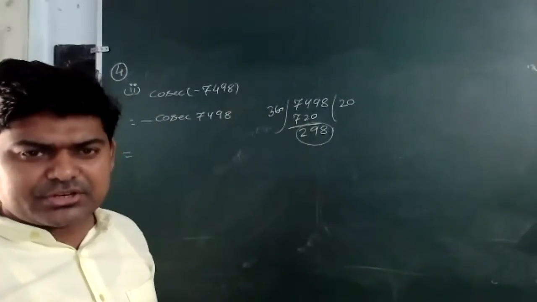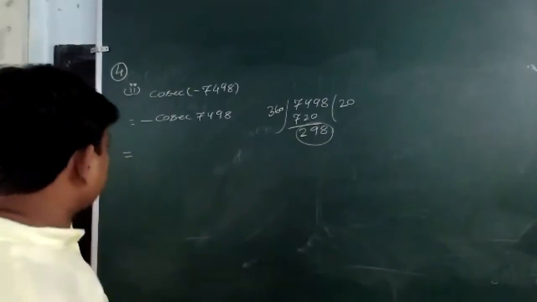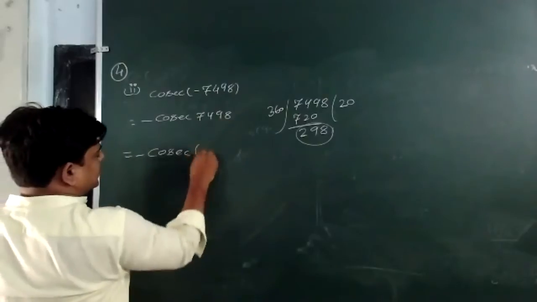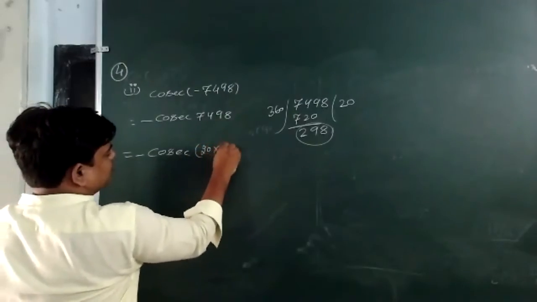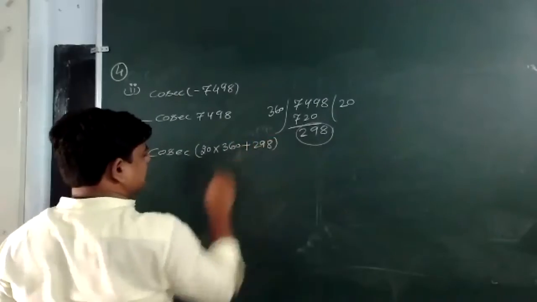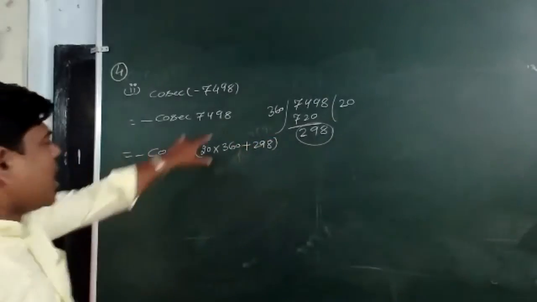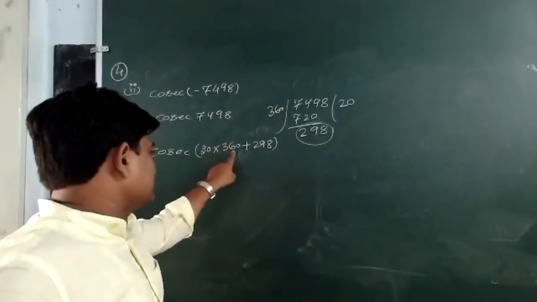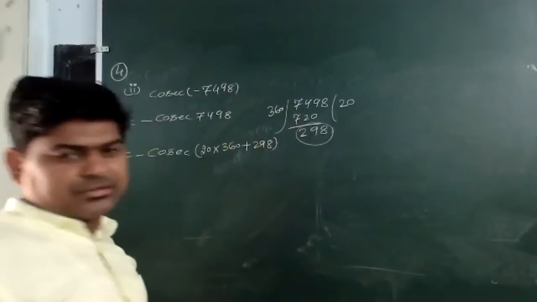We were doing it in division. What will happen? Minus cosec, it can be written as 20 into 360 plus 298. A large angle has been split in this form.